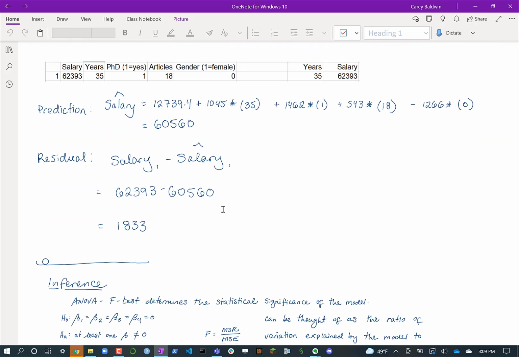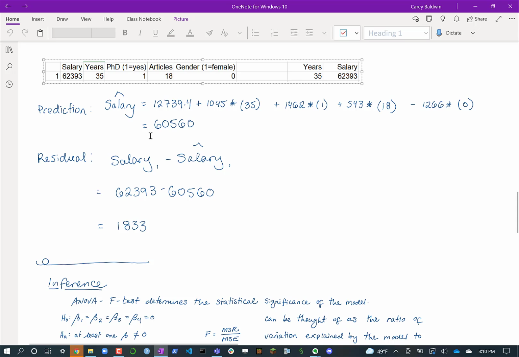If we look at one row of data in the data set, we could calculate the predicted salary given the values of all of the predictor variables. So what we have is 35 years of service, a yes for PhD, 18 articles, and the gender would be male, since it's a 0 here.